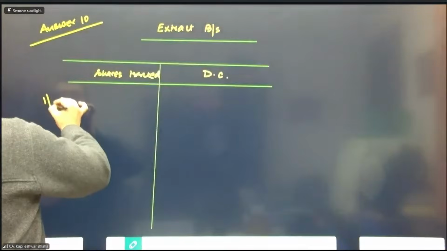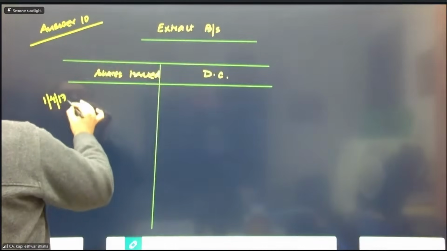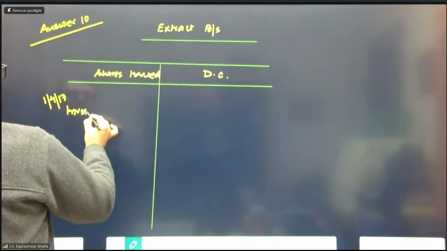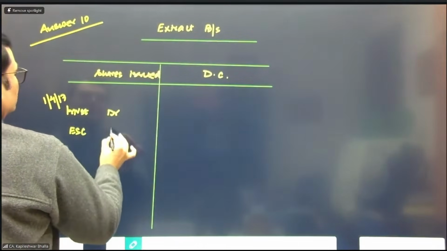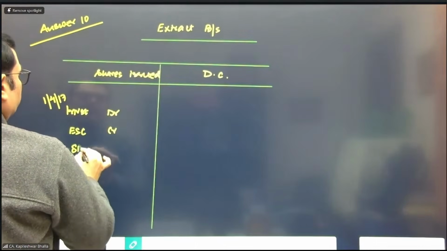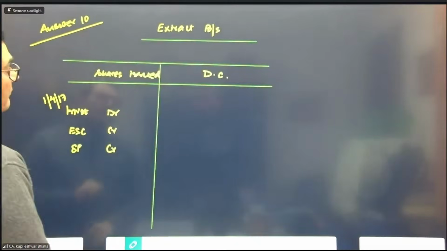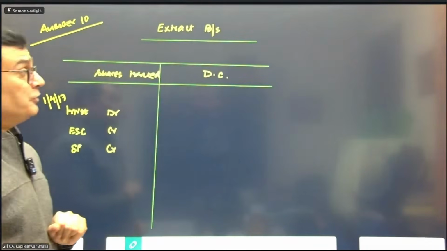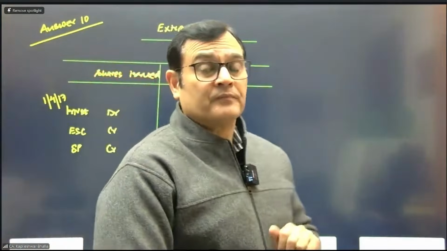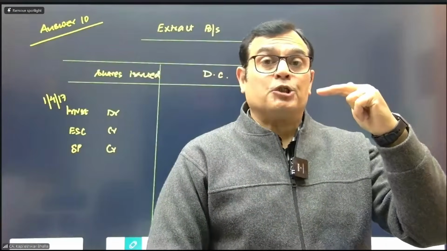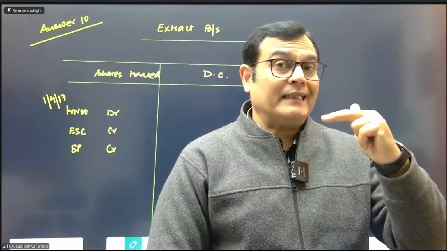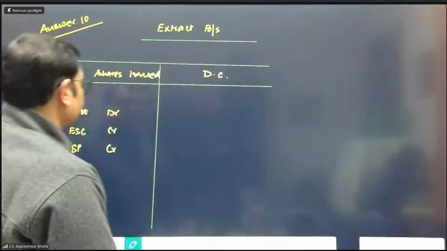So can I say on 1st April 17, I would have done the entry: investment debit, equity share capital credit, and share premium credit? Because if I would have done this entry on the date of acquisition, it would have been investment at fair value, share capital at face value, and the excess as premium.